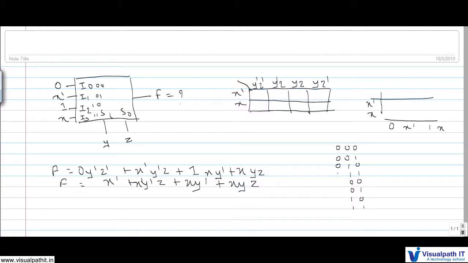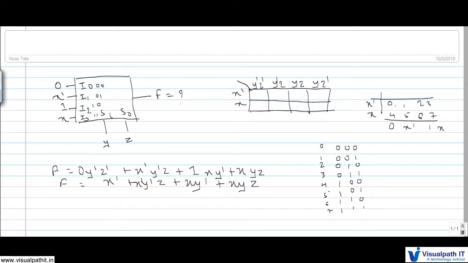Now as you can see here in the truth table, this is 0, 1, 2, 3, 4, 5, 6, 7. So this is x dash for 0, 1, 2, 3, and 4, 5, 6, 7 will be here.